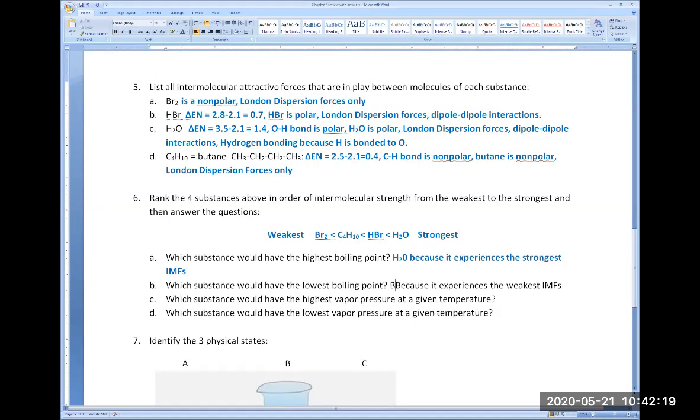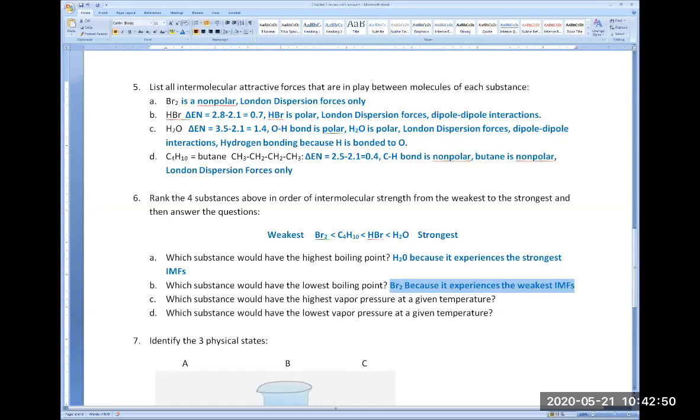So Br2 will have the lowest boiling point because it experiences the weakest forces of attraction. So it's not held very strongly together, so it's easy to break those attractions and have molecules break free and be by themselves in the gaseous phase.